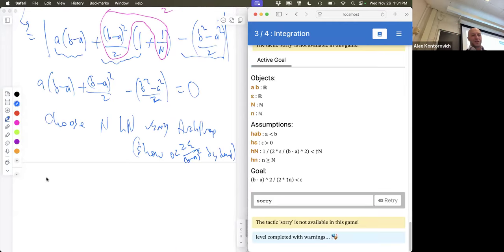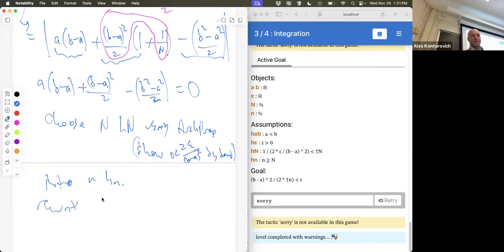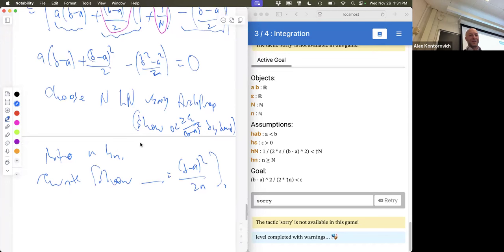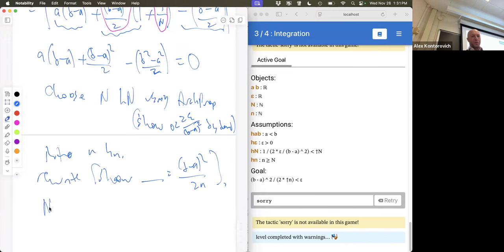So once, intro, I'll just write intro N and N, and then rewrite, show the goal is actually equal to, what did we say here? This thing, b minus a squared over 2 little n. And then we need to show the new goal is b minus a squared over 2n is less than epsilon.